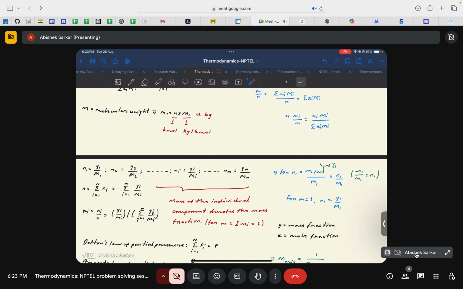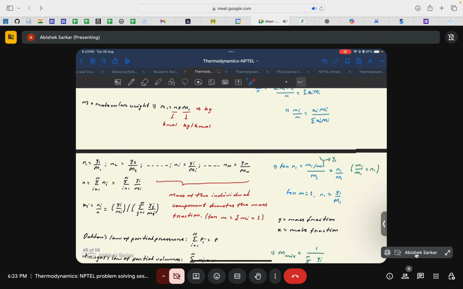And how are we able to write this? Let us look into it. So for example, we know that n1 is equal to small m1 by capital M1.